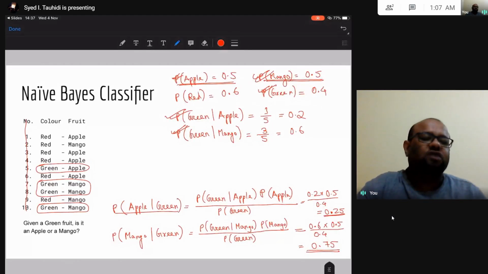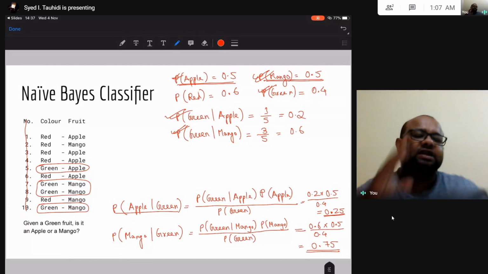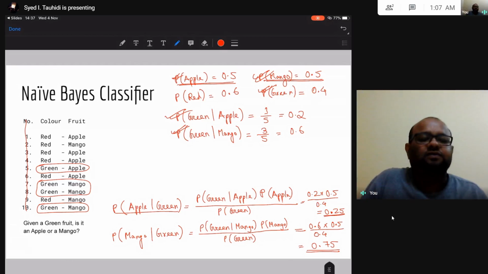It should not be that in my sample, in my data set, I have 50% apple and 50% mango, but in the real world 70% of the fruits are mangoes and 30% of the fruits are apple. If that is the fact in the real world, and I have something else in my data set, my data set cannot be used to do prediction in the real world.